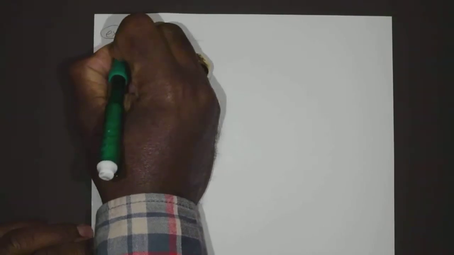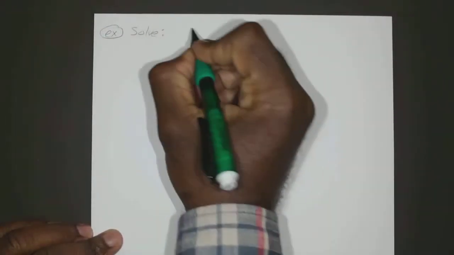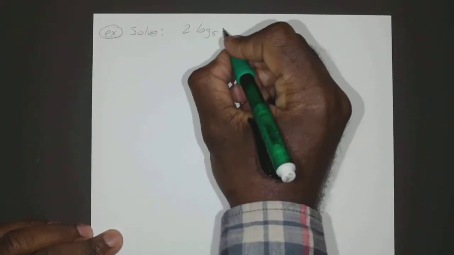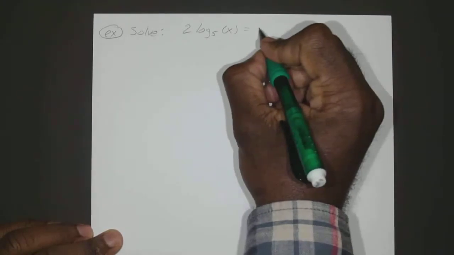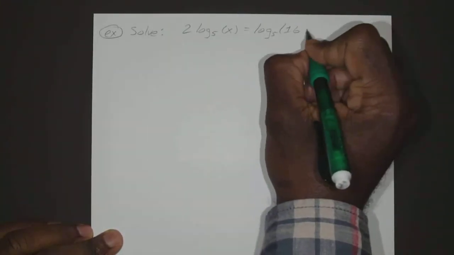All right, so for our next example, let's say we wanted to solve 2 times log base 5 of x equals log base 5 of 169.